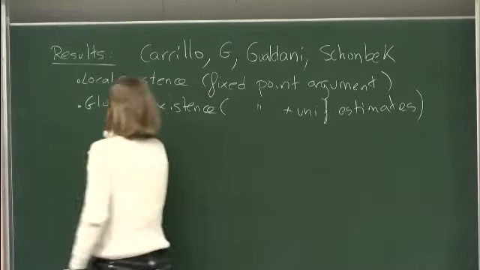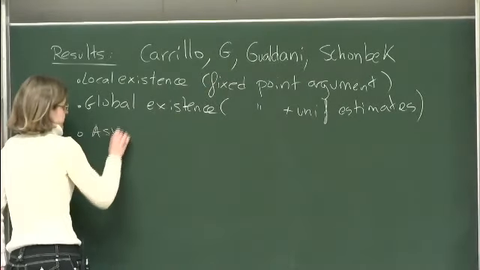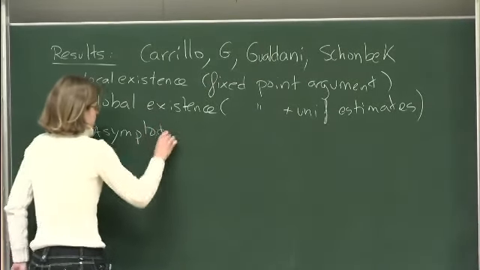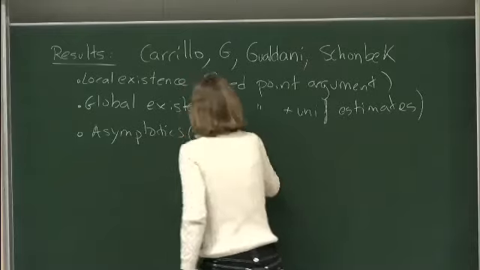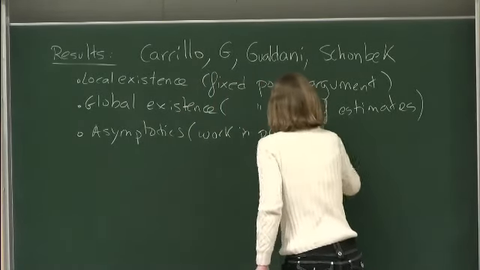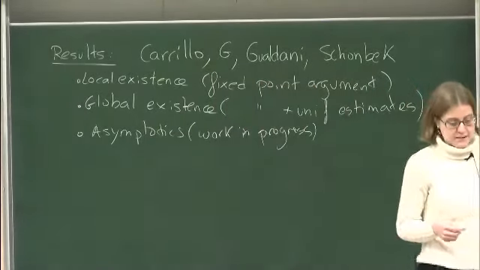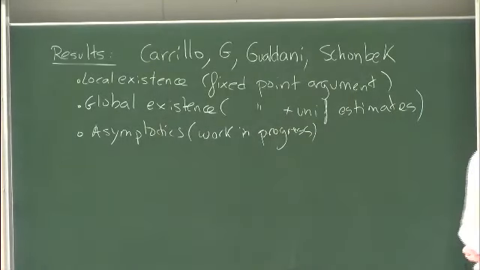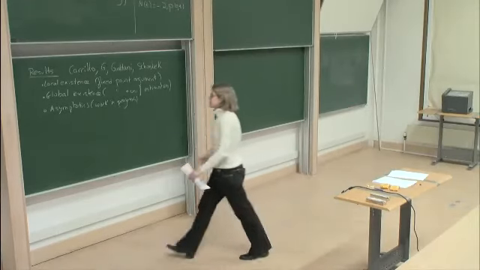And then I'm going to make some comments on asymptotics. Let me say that this is work in progress, but even in the linear case there are some surprising results. Okay, so let's go to work.